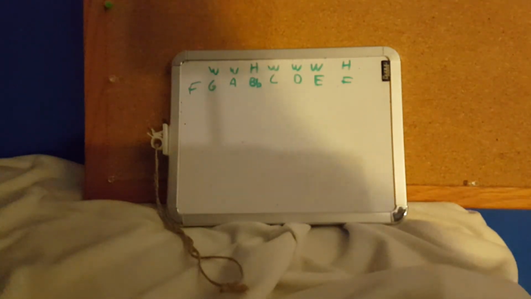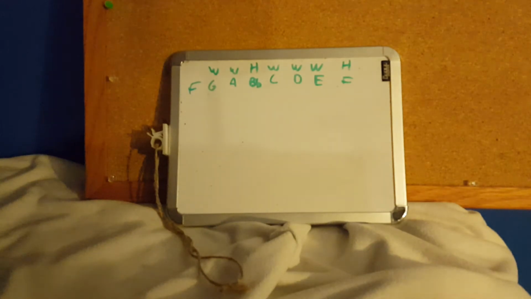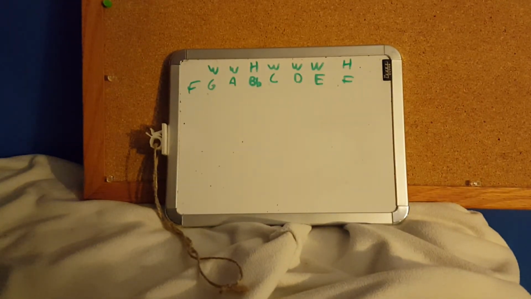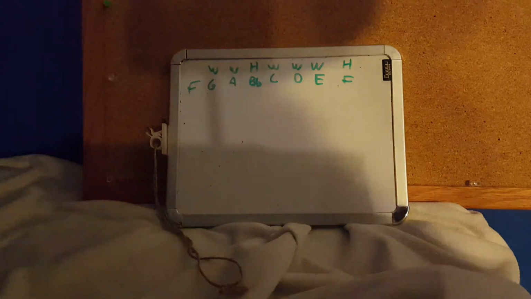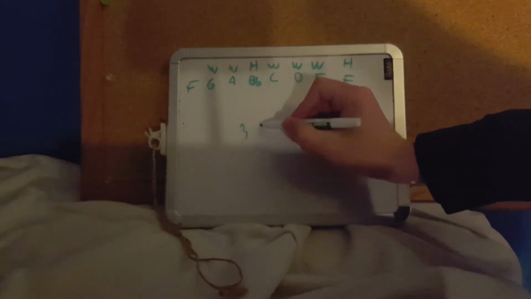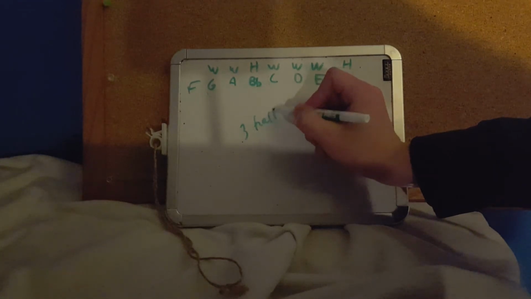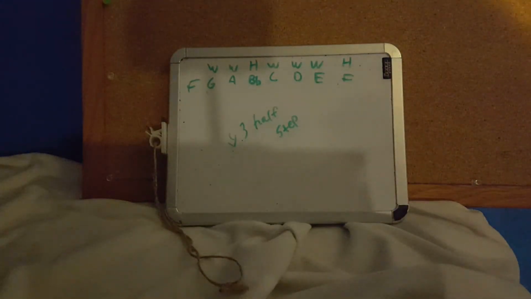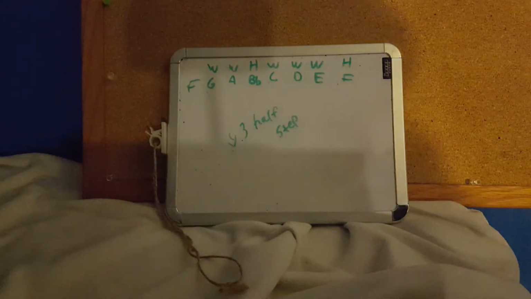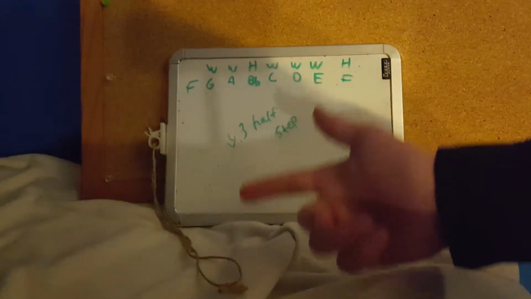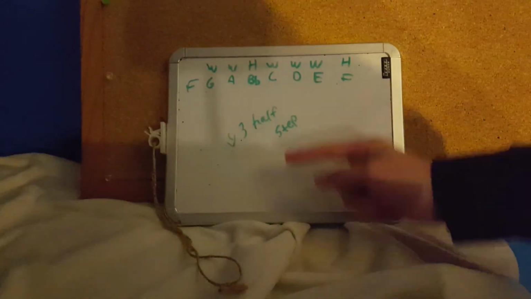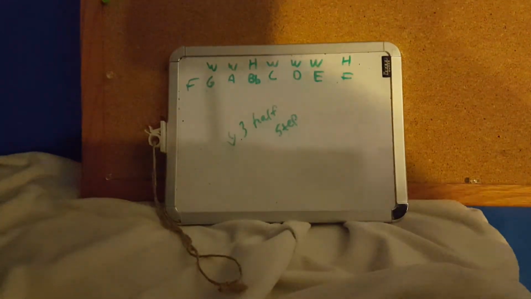Now, one trick to find the minor key equivalent to this is by going down 3 half steps. Going down 3 half steps from F would get you to the D minor key.